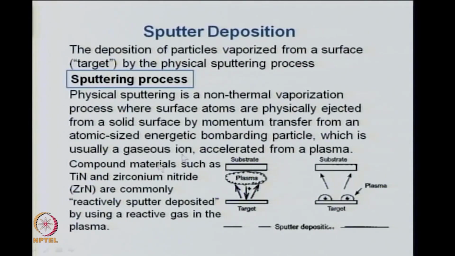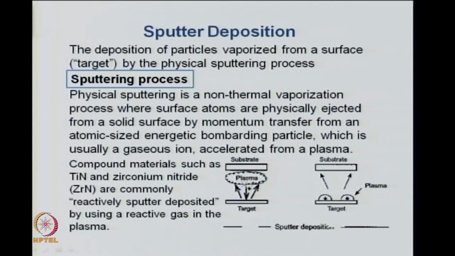So, basically many different compounds can be made because the target can be any compound, and then you can generate atoms of these species, and they move towards the substrate, and then they deposit on the substrate and you get a film. These are examples of titanium nitride and zirconium nitride, which are commonly reactively sputter deposited by using a reactive gas in the plasma.